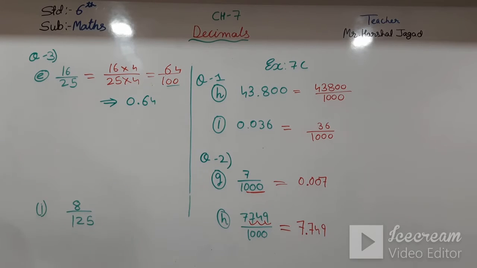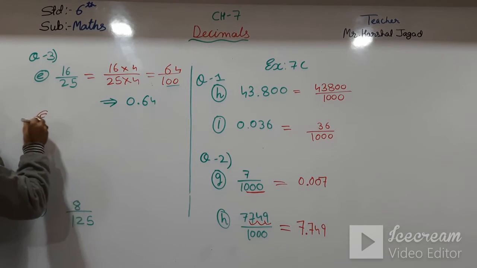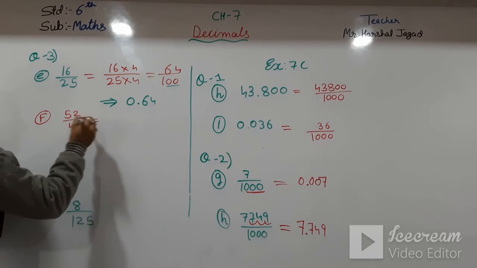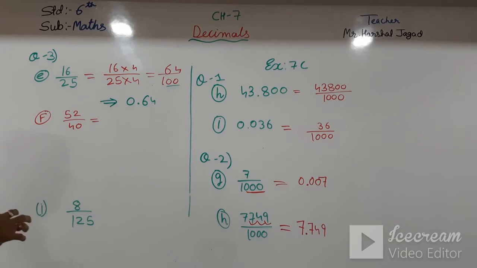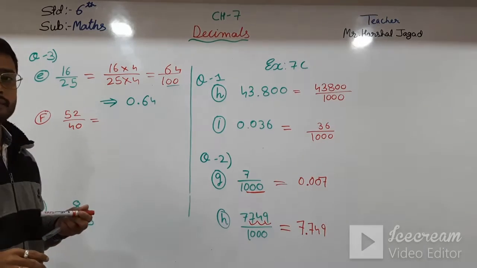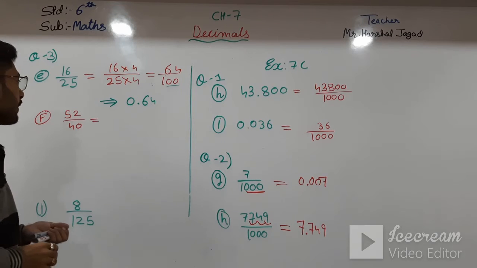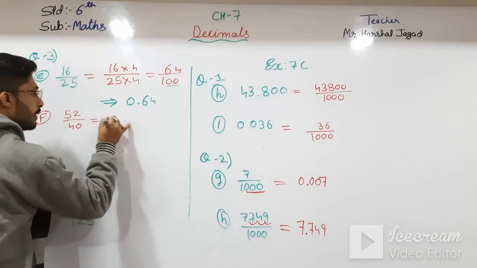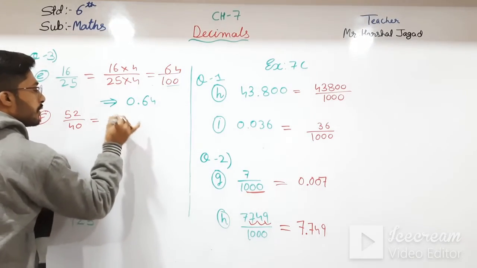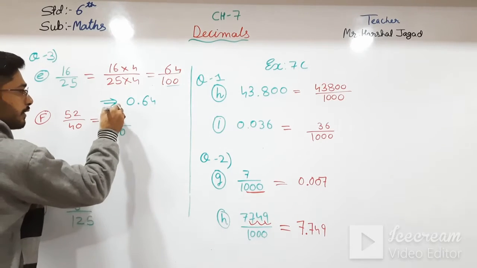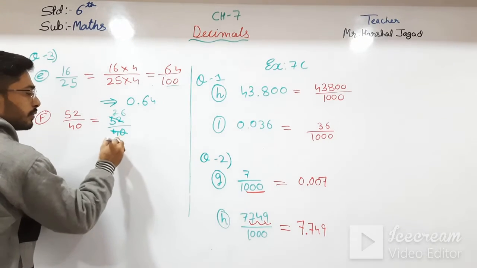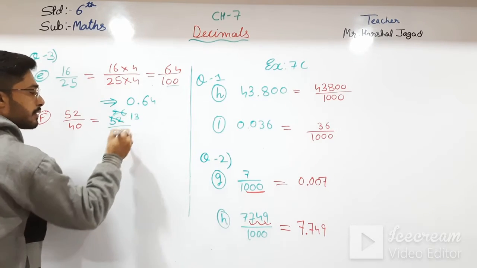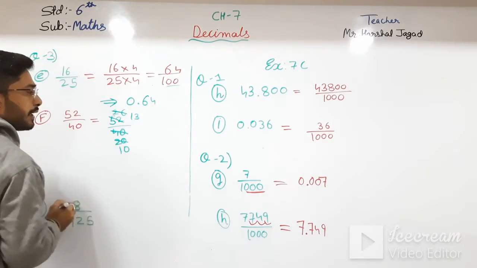Moving towards the next, F, that is 52 upon 40. How will we convert this into 10, 100 or 1000? Here you can see it can be cut by 2 first of all. So 2 2s are 4, 2 6s are 12; 2 2s are 4, 0; 2 1s are 2, 2 3s are 6, 2 1s are 2, and here comes 10.